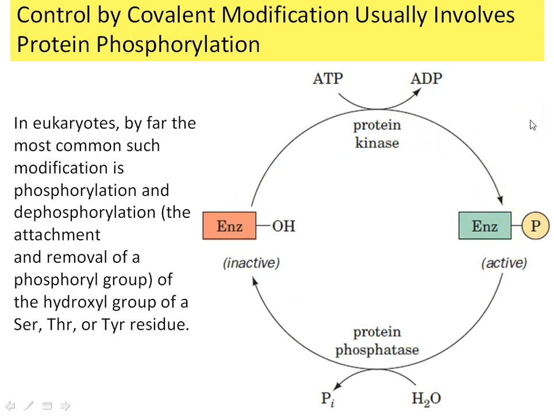And that's the way to control the activity of the active site of an enzyme by covalent modification, which is usually in the form of protein phosphorylation of a side chain hydroxyl group of a serine, threonine, or tyrosine residue.